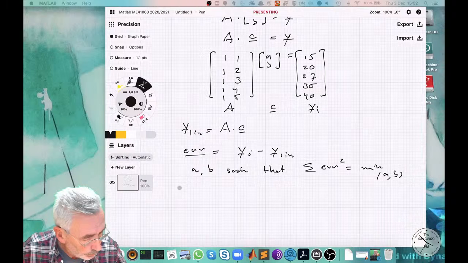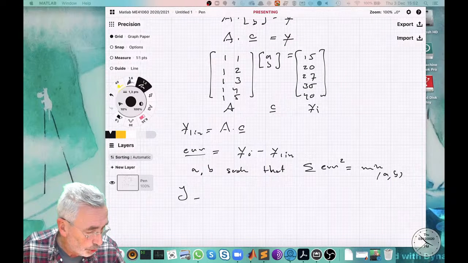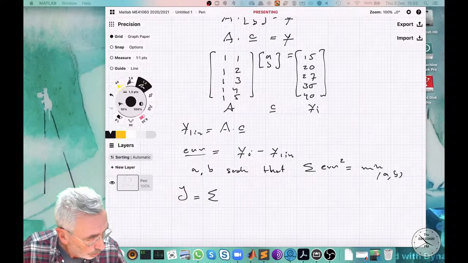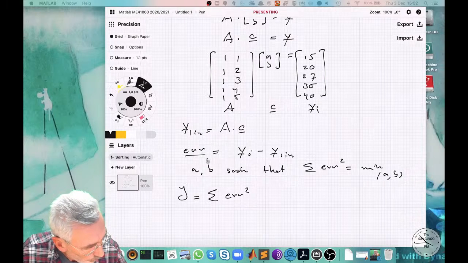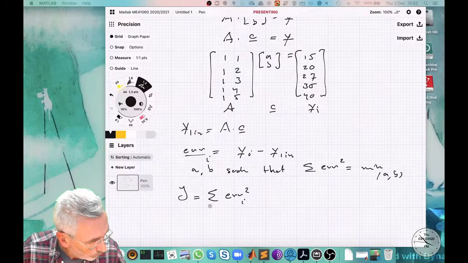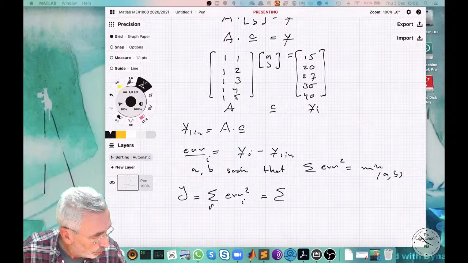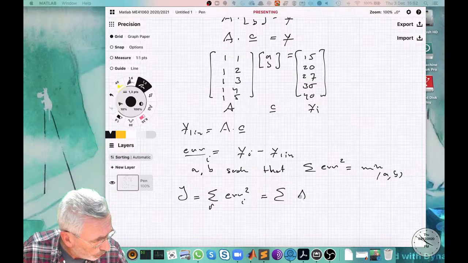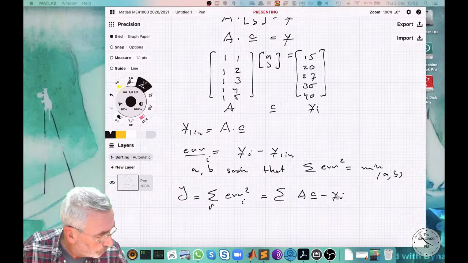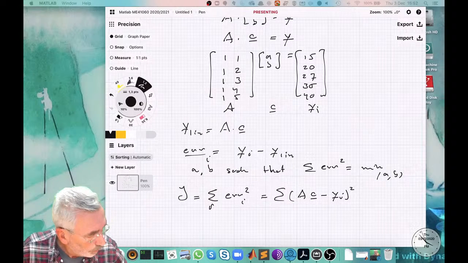So we can formulate this as an optimization, and we can say J is the sum of these errors squared, and that's an error i. So that's the sum of this, A times C minus my measured value, and we want to square that.